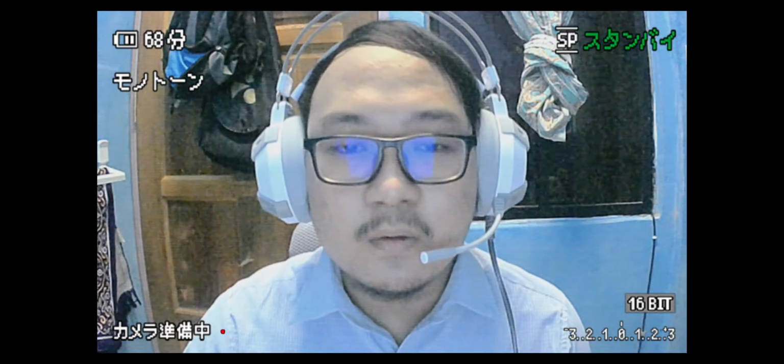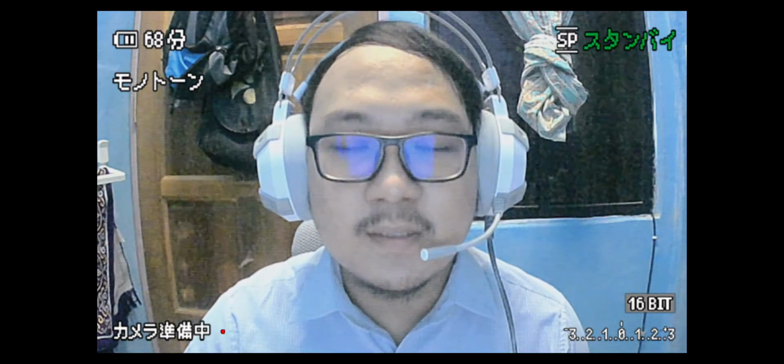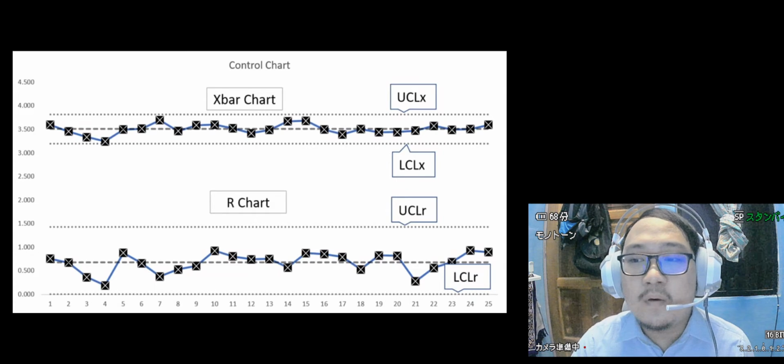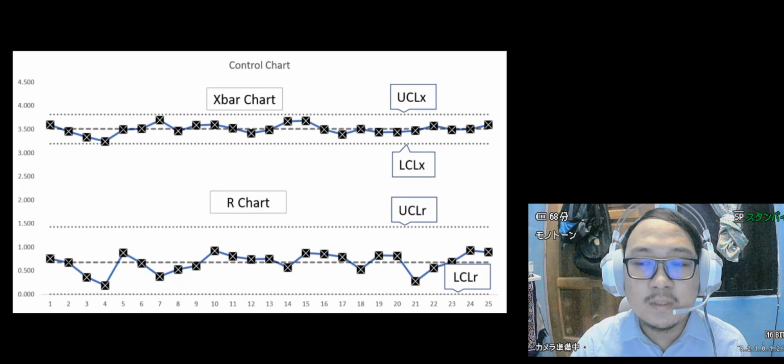For further explanation, I'm going to use the control charts from our Wednesday morning and afternoon shifts as an example. For the Wednesday morning shift and Wednesday afternoon shift, it can be concluded that both of the control charts are in control. If we observe the X-bar chart of both shifts, you can see that most of the points are close to the center line.